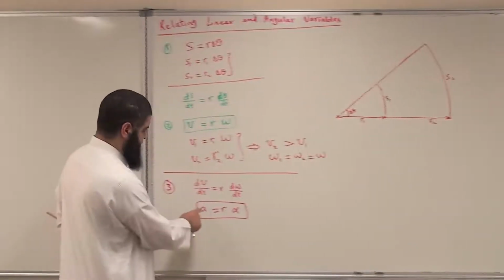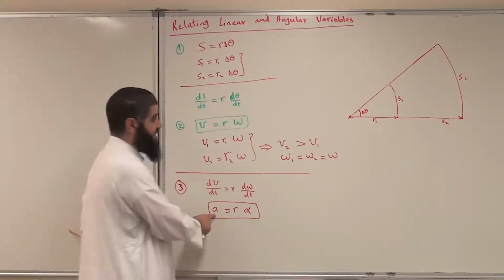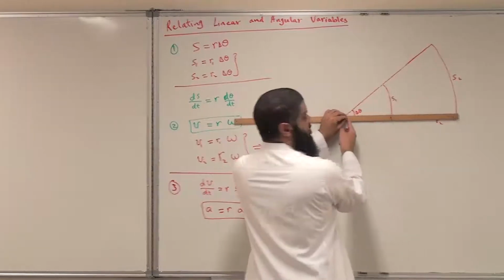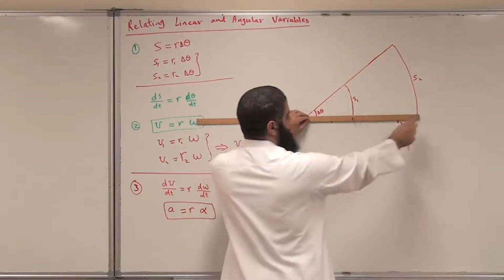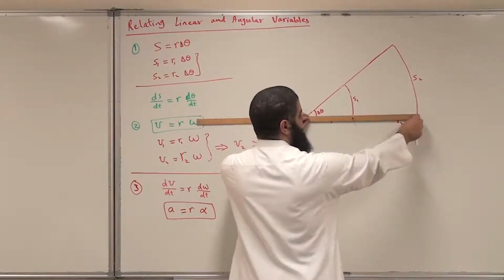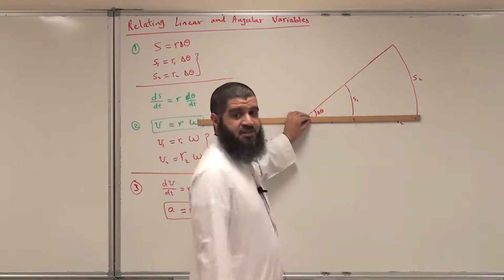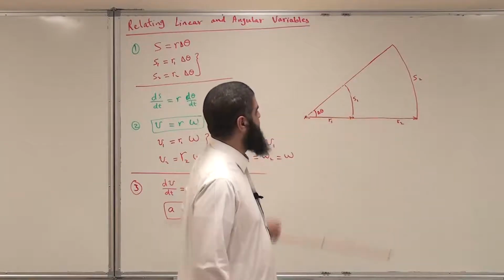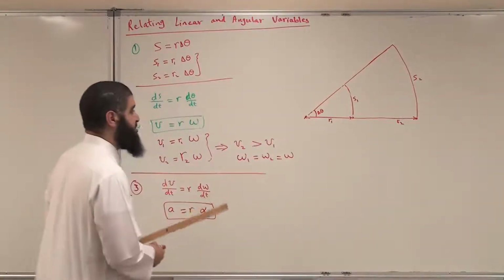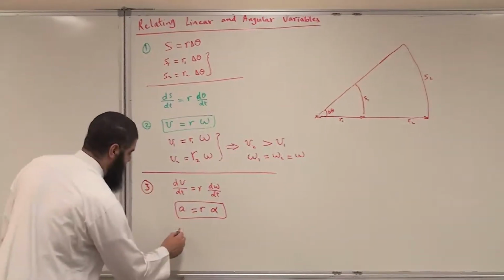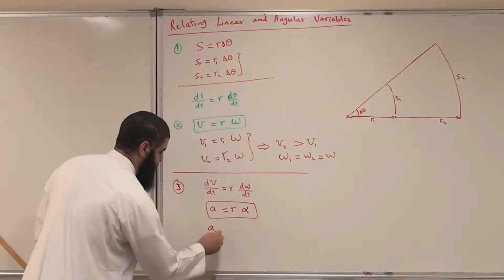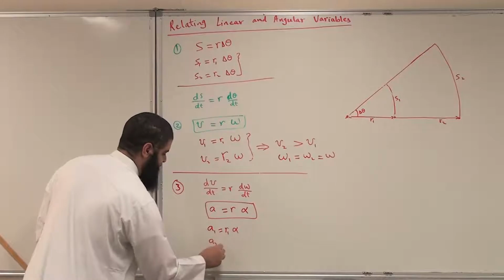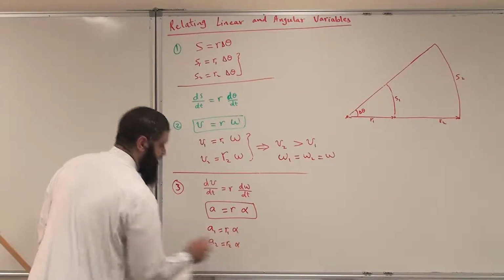What can we conclude for the acceleration? The acceleration here will be smaller for points closer to the axis of rotation. For points which are further from the axis of rotation, it will have larger linear acceleration. So from here we can say that A1 equals R1 multiplied by alpha, and A2 equals R2 multiplied by alpha.